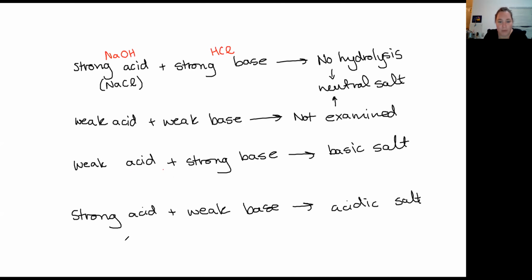The ones down here would be our ammonium salts. So this would be your ammonium sulfate, chloride, and nitrate. Okay, and then over here, these would be our metal carbonates typically.